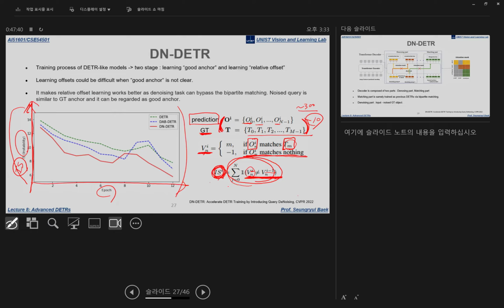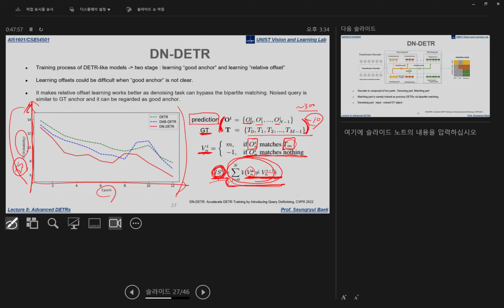Okay, so indeed this means that during the training, in each epoch, the ground truth and prediction matches are changing a lot.